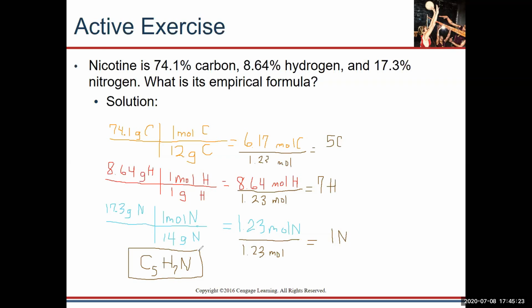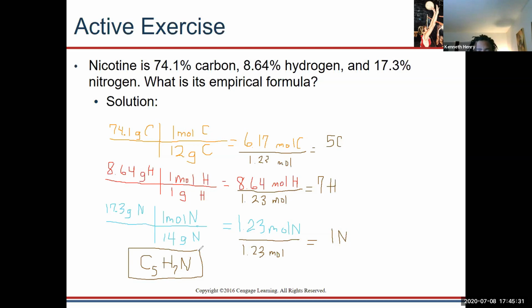Dr. Henry, why do you use 1.23 divided by everybody? Because we want to compare them to each other, right? We want the relationship between them, the quantity, because moles gives us quantity. It's kind of like, remember when we were talking about the apples and the grapes?